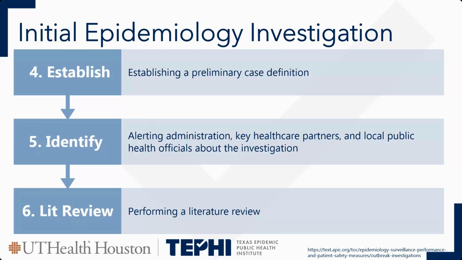And then the next is to identify and alert administration. So it's always great, once you have identified a case and you know what you're looking at, you first tell your organization, hey, I think we have a case, and now I'm going to be reaching out to local public health for guidance. So always telling your healthcare facility, hey, this is what's going on.